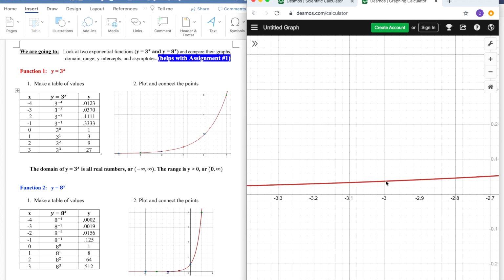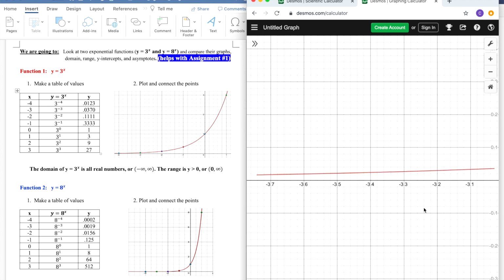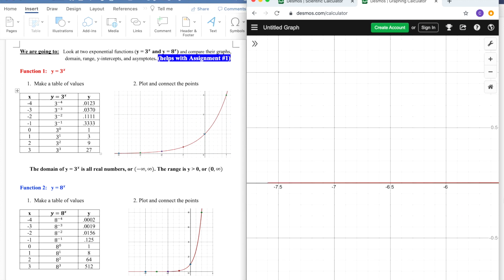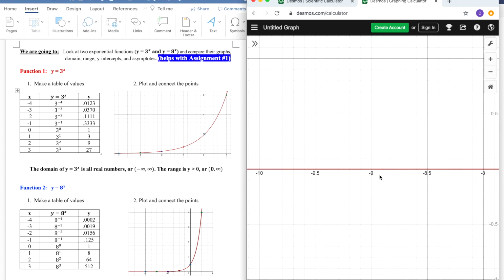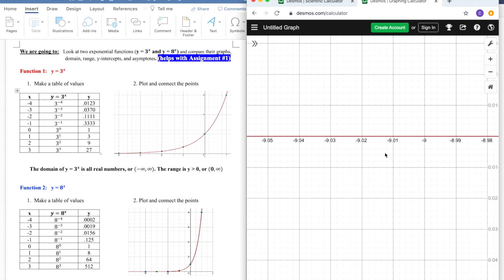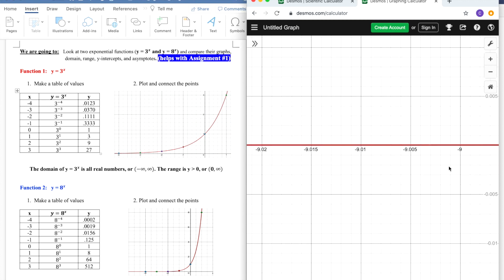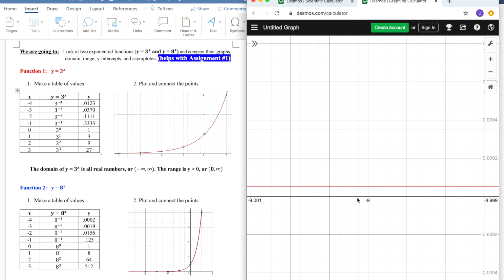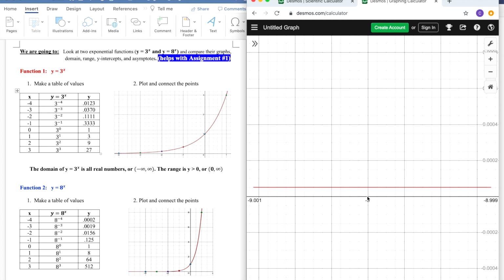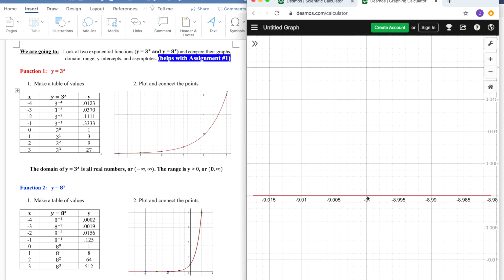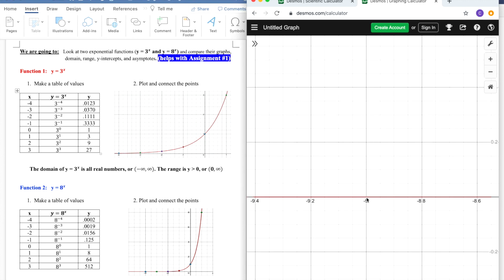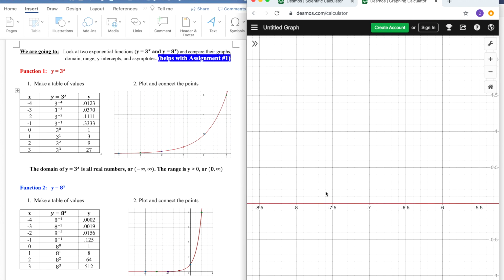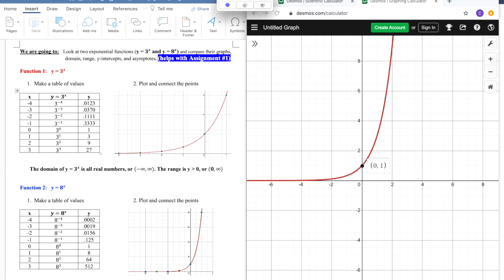And when you zoom in, you can notice that it actually doesn't touch 0. So let me find another area that looks like it's touching 0. But when you zoom in, zoom in as much as you need to, it does not actually touch the x-axis. So that's pretty cool. So for our range, we can conclude that y is greater than 0.